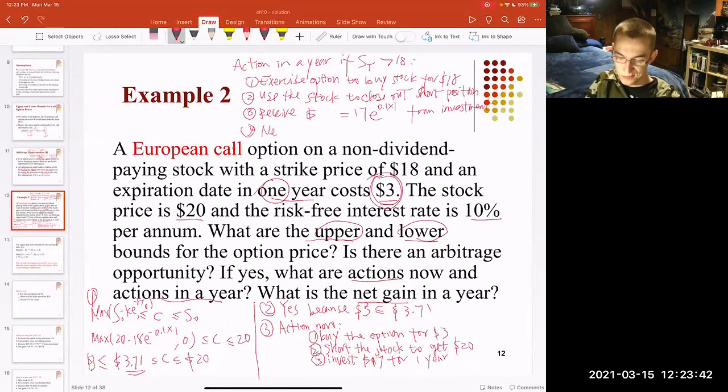And the net gain, which is the money you receive and the money you pay. What's the money you receive from the investment? Anybody get the investment income? How much?